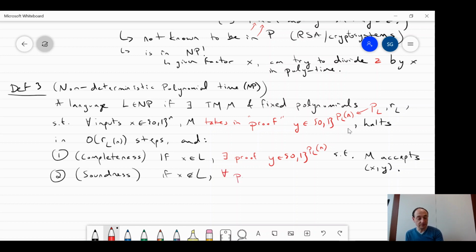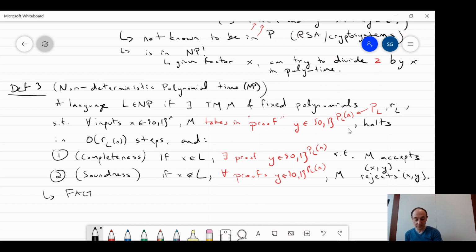So for all proofs y, M now rejects the input coupled with the proof. Okay. So that's the basic definition of NP.